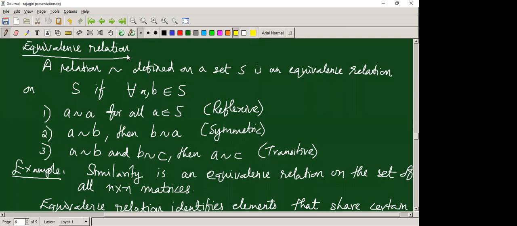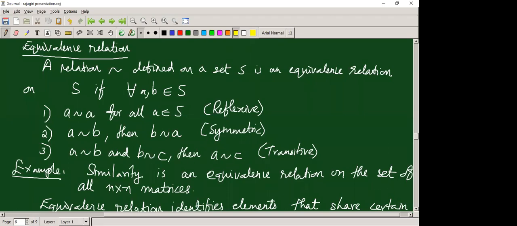For that we have to review equivalence relation. This we all know. A relation defined on a set S is said to be an equivalence relation on S if for all A, B, C belonging to S: A is related to A, that is reflexivity; if A is related to B, then B is related to A, symmetry; and if A is related to B and B is related to C, then A is related to C. This is transitivity.